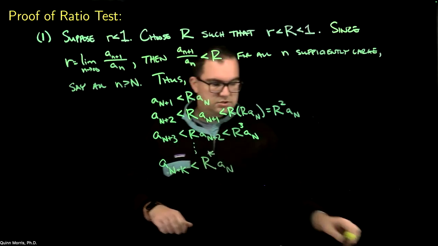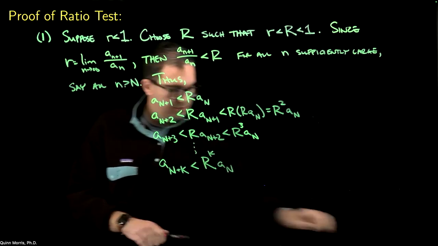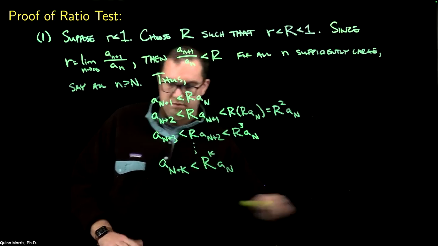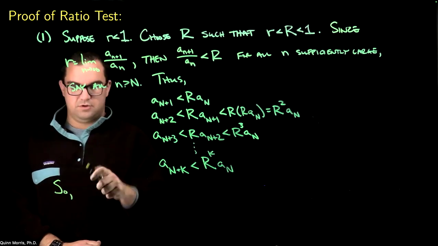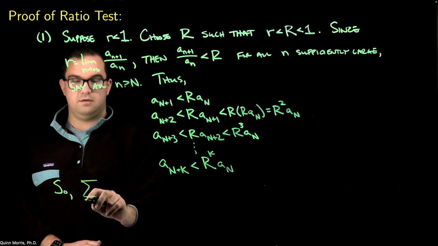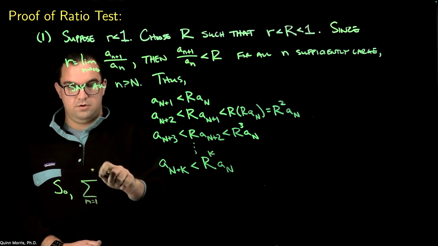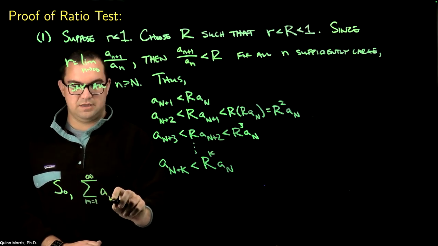All right, so now what happens if I look at the sum, let's say m equals 1 to infinity of a sub m?